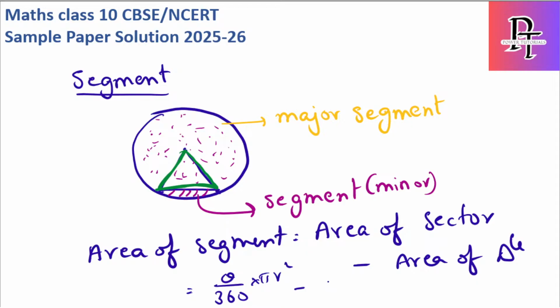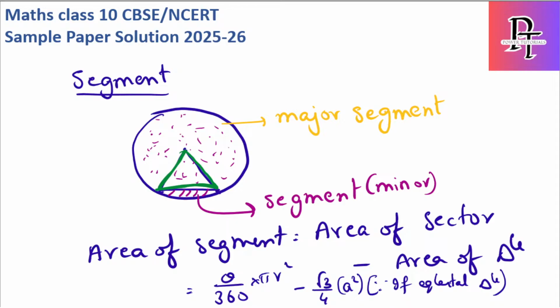Based upon the triangle, if it is an equilateral triangle, then it is root 3 by 4 a square. If it is a right angle triangle, then it is half into base into height. So based on it, you have to change it. These are the main formulas from this chapter. Now let's start with the questions.